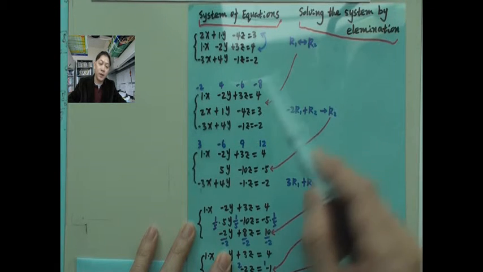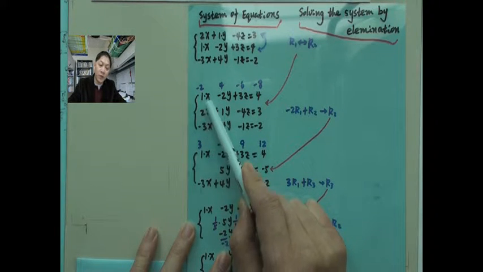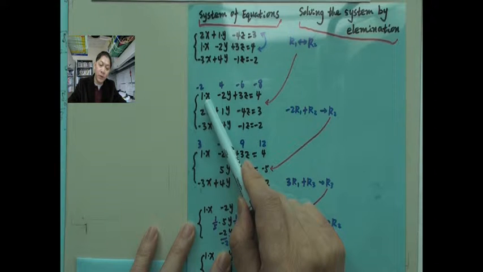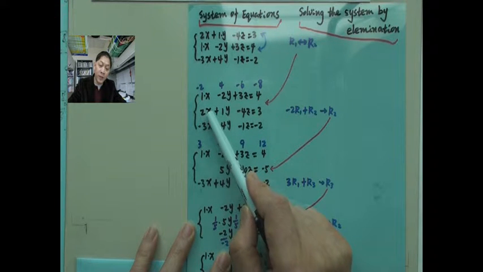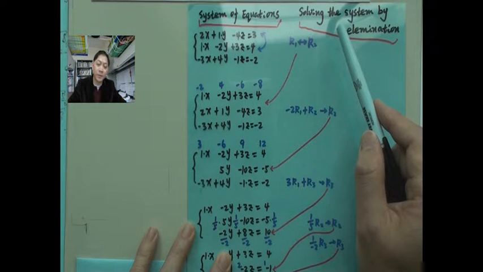Since the coefficient of x in the first one is now 1, I like this coefficient to be negative 2. Here is positive 2x, here is negative 2x. If I make the first one negative 2 times x and add those two, x is going to disappear. That's my purpose.